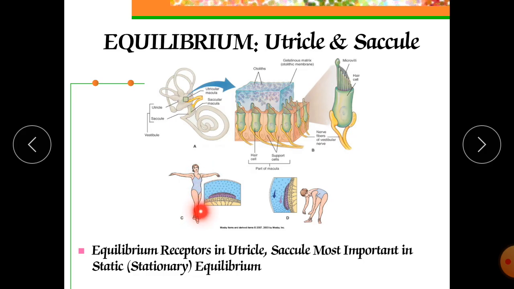Still they are able to maintain their body balance and their head position. It occurs due to the hair cells in the utricle and saccule parts, which signal the positions of our body and give the proper direction to maintain equilibrium and balance.